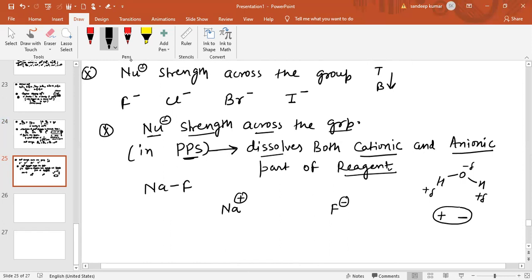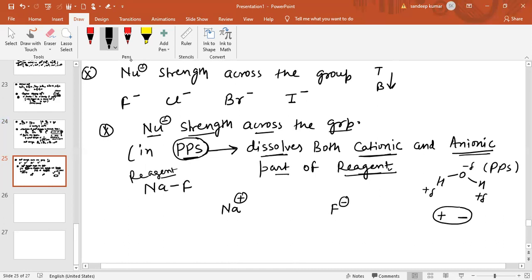I am treating water as the polar protic solvent, and NaF is the reagent. The polar protic solvent dissolves both the cationic and anionic parts of the reagent.